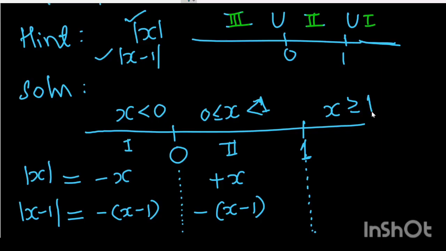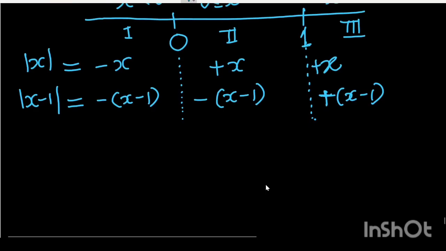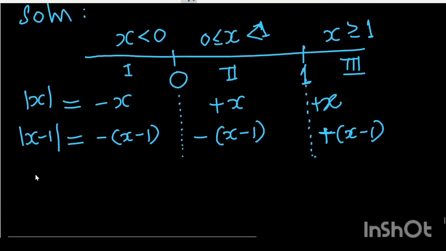In the third case, x is greater than or equal to 1, so both mods are replaced by plus sign: x and x - 1. So we will take each case and solve it.